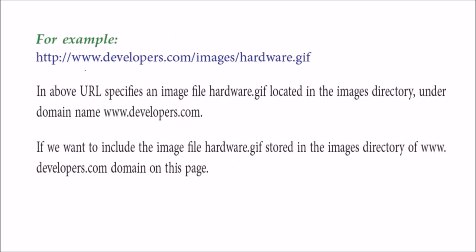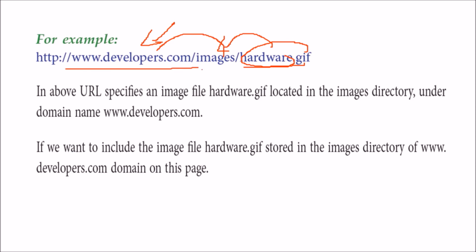This is an example of an absolute URL. It specifies an image file, hardware.gif, located in the images directory under the domain name www.developers.com. So if you want to include the image file stored in the images directory of this domain name on this page, this is what you are going to use.